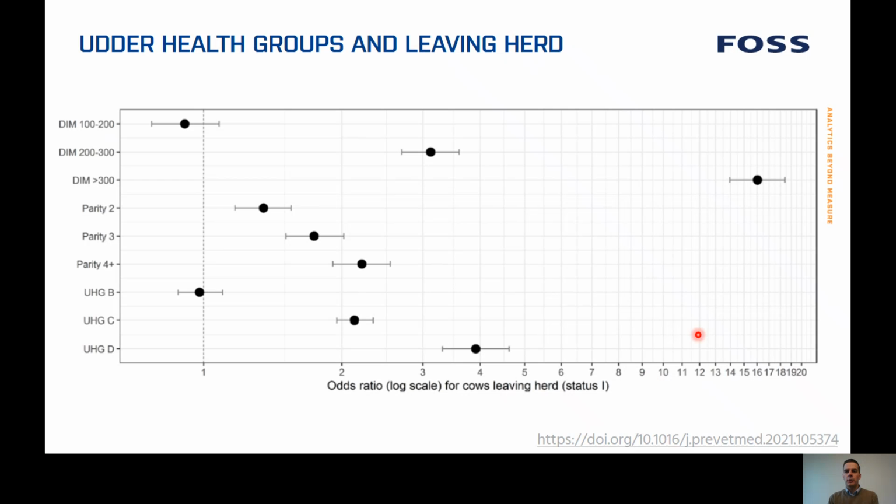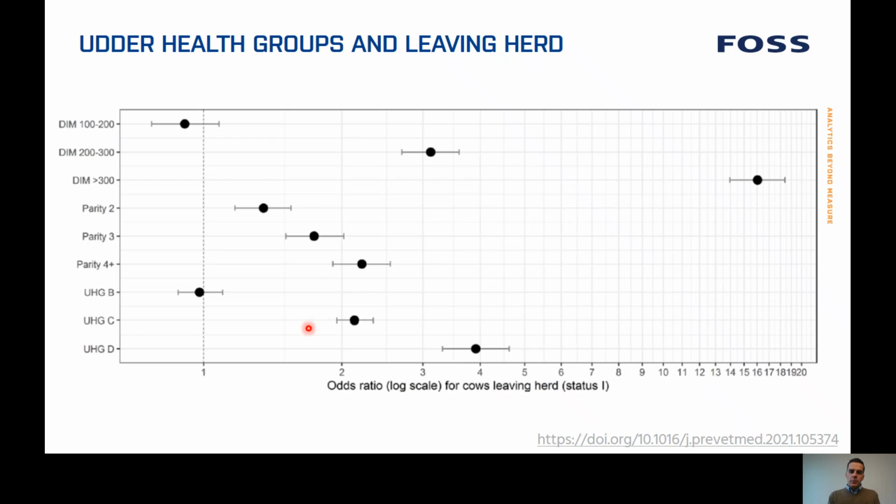And what we found here was cows in the late stage of lactation have the highest risk to be slaughtered. This is explainable by the fact that if a cow is not pregnant, then the farmer typically keeps her as long as she produces milk, and if the milk yield drops, then the cow is likely to be slaughtered.